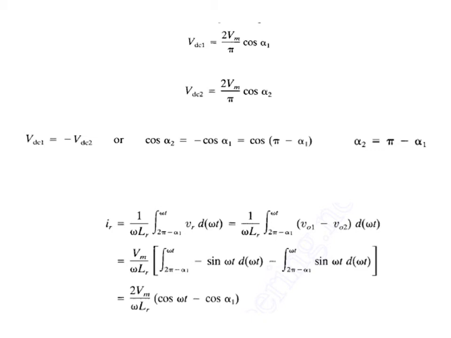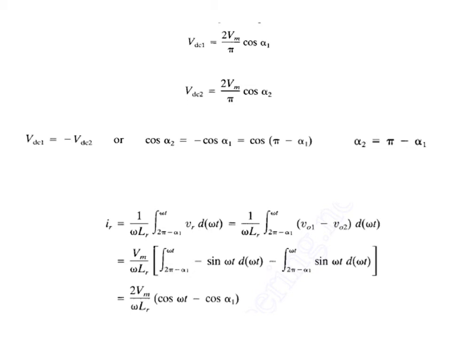If we solve this integration, we get the value of the instantaneous current as IR is equal to 2 Vm divided by omega LR multiplied by cos omega t minus cos alpha 1.